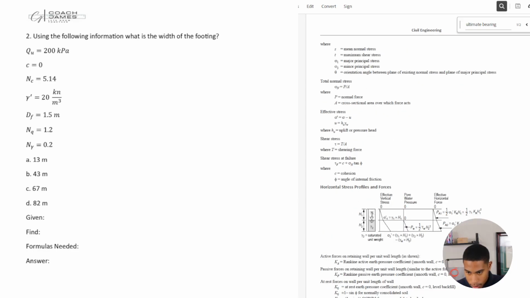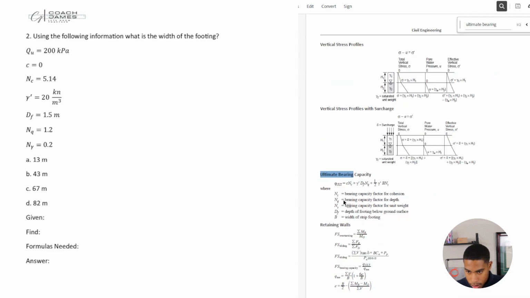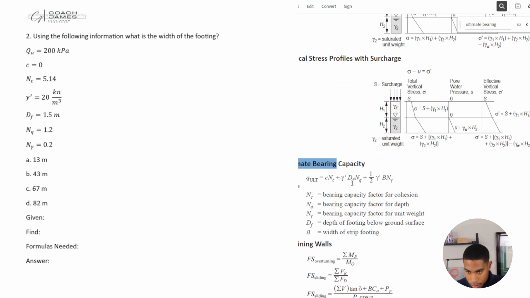Okay, so back to our equation that we're going to need. It's going to be the Q ult. All right, we're given df, we're given nq, given y bar and b, or we're not given b. B is going to be the width of your footing, right?